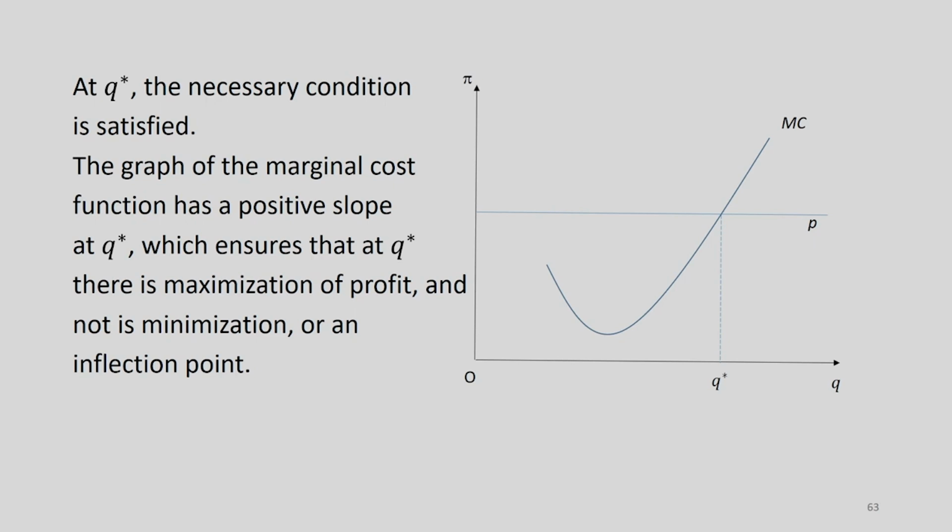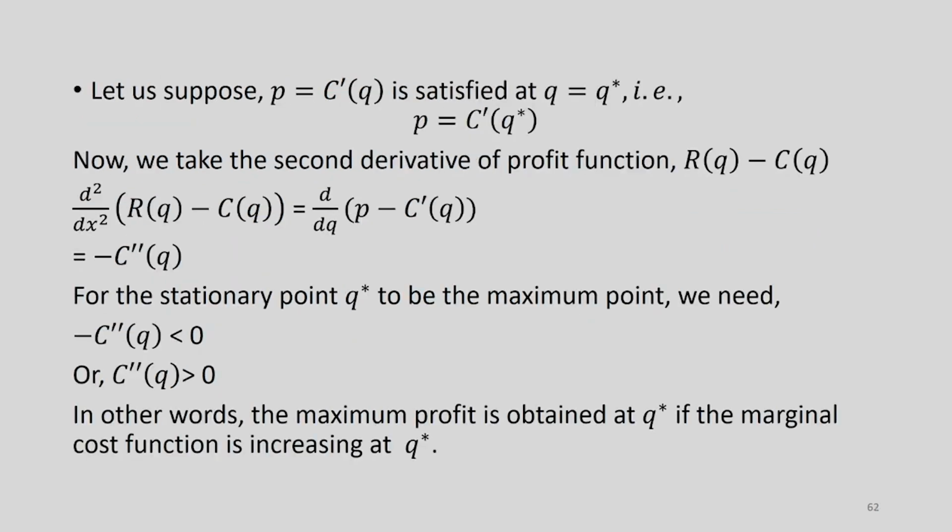We are trying to see what the necessary and sufficient conditions are. We have seen that the necessary condition requires that the price, which is constant in the market, should be equal to the marginal cost of the firm at the point which gives the firm the maximum profit.